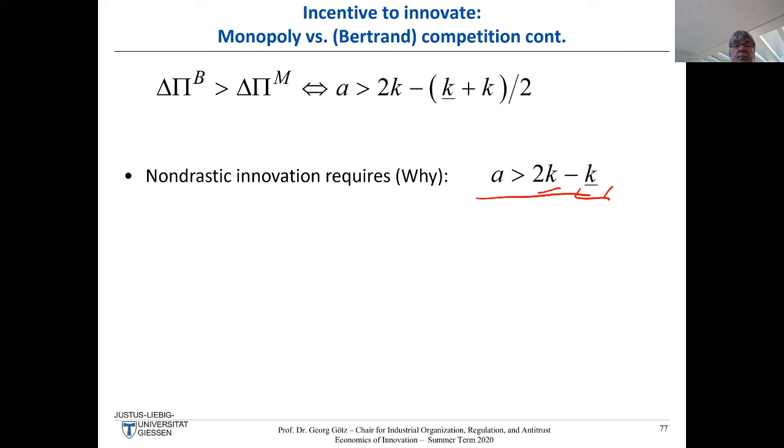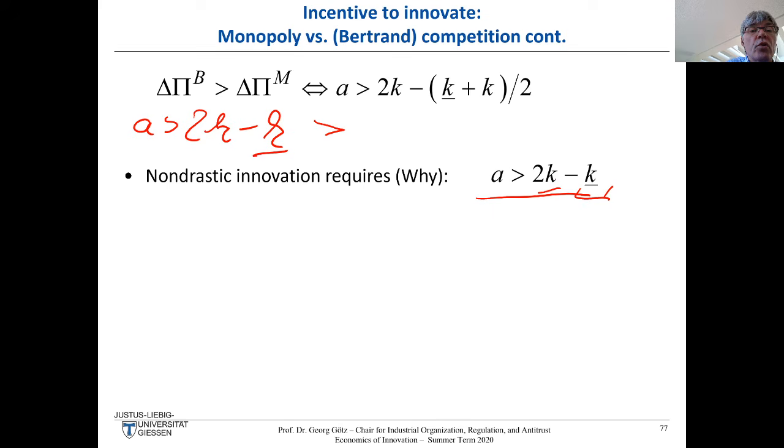So this is the proof that for non-drastic innovation, this condition is satisfied. But if this condition is satisfied, we might just write down that what we know is that A is greater than 2K minus K lower bar, okay?